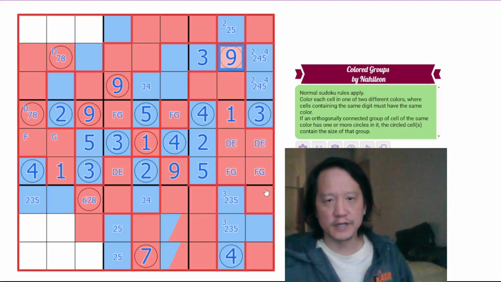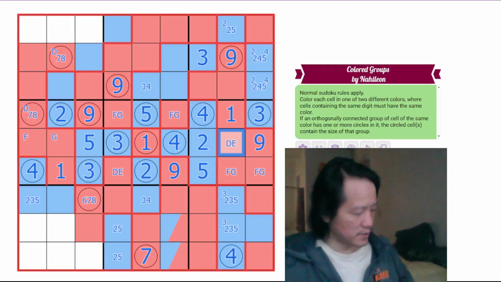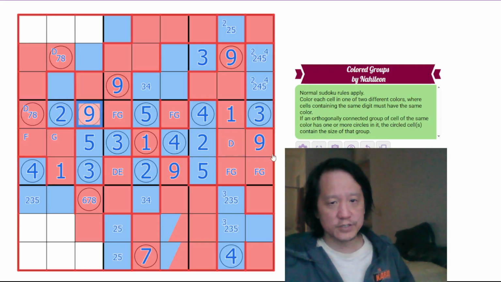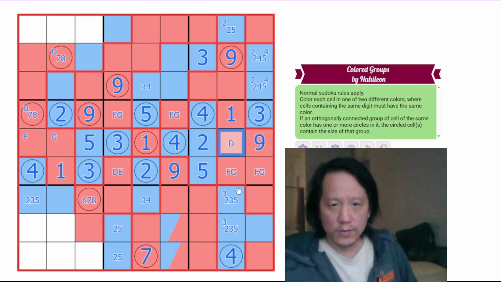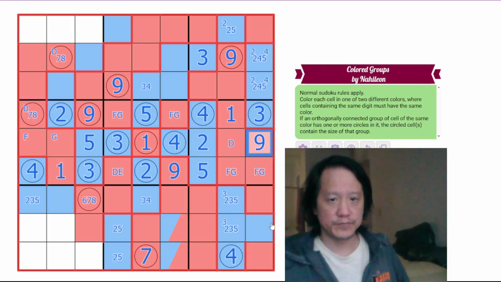So this is a 9 here, which means 9 cannot be here in box 6 and here. So this must be a 9 here. So this must be D. This is not E, this is D. So that matches here. 9 is here.